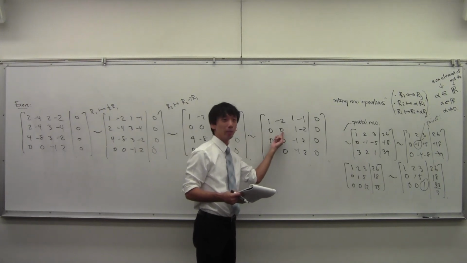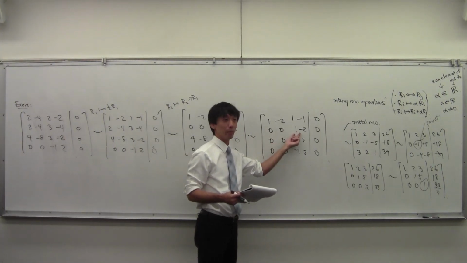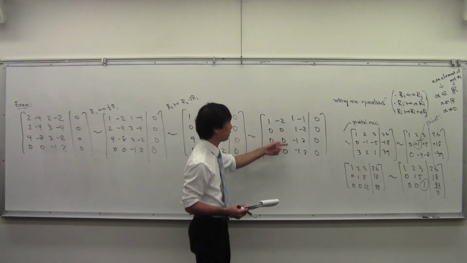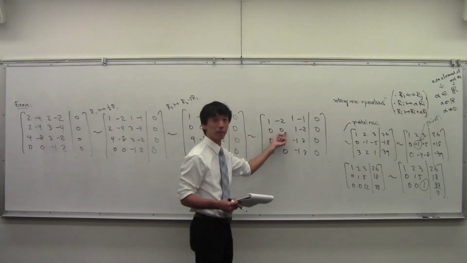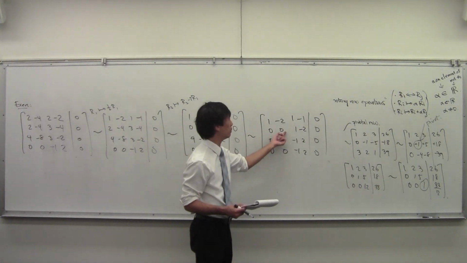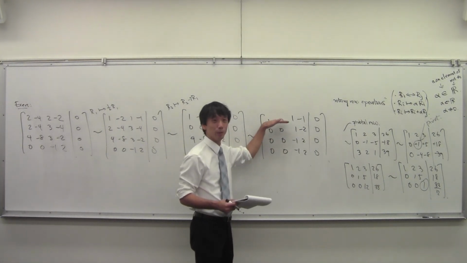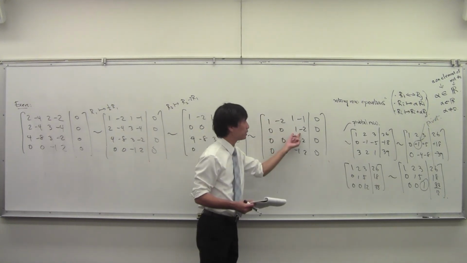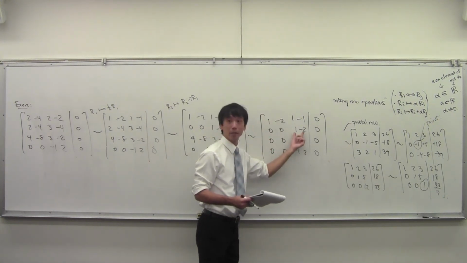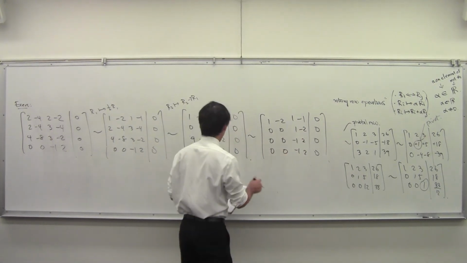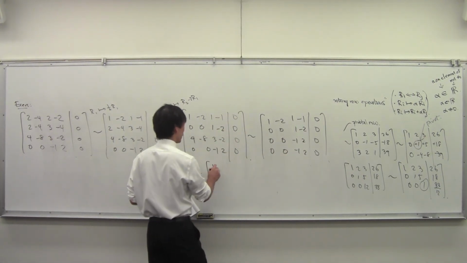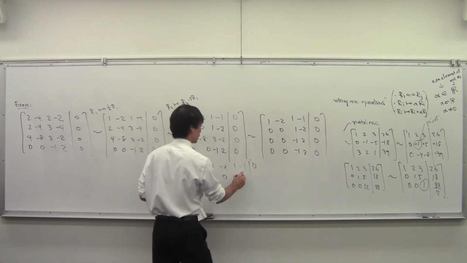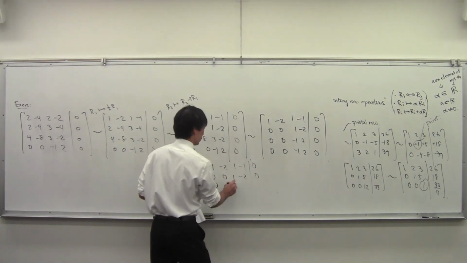No matter how I switch things around, I can't get a pivot here. I don't want to use my first row; my first row is set. So this is your pivot, and you use that to clear out the guys below. When you do that, you get 1, -2, 1, 0, 0, 0, 1, -2, 0, and then it's all zeros below.